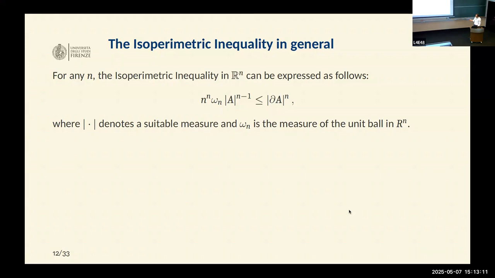Then here you have the measure of the boundary raised to power n, which is the dimension of the set, against the volume. These exponents are the right ones, so that if you translate the set, nothing happens and everything remains the same. And if you dilate the set, if you take twice the set, then the volume becomes 2 to power n times the original volume, while the measure of the boundary becomes 2 to power n-1.